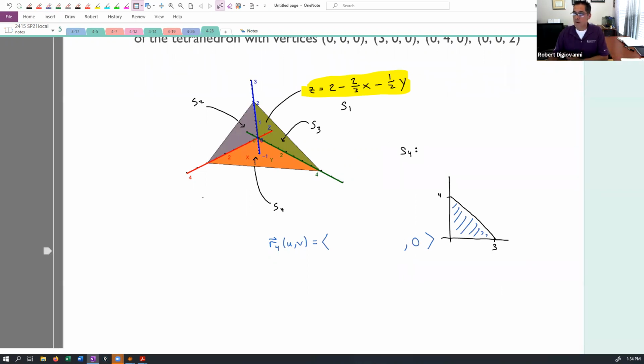Now, I'm going to let you think about what the x and the y have to be here. The x and the y components. You have 2 variables that you get to control.